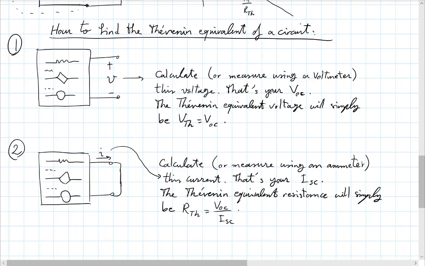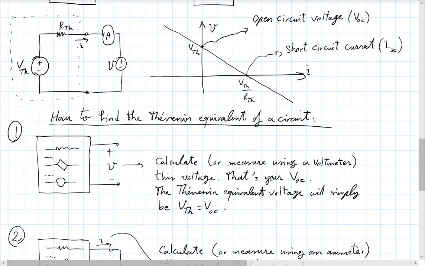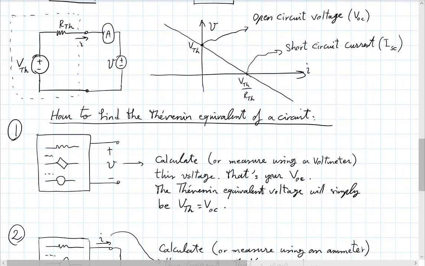Now, is there any other way? Are we absolutely required to find the open circuit voltage and the short circuit current to find the Thevenin equivalent of a circuit?